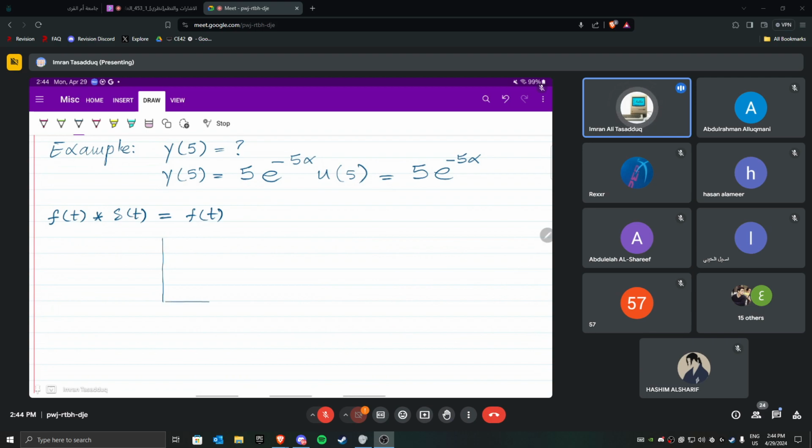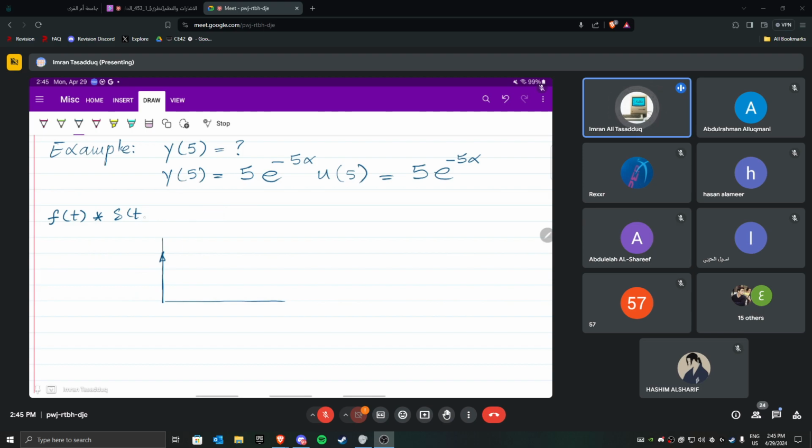For this one, you can think of it like this. Let me first do the other one, that will make things easy.